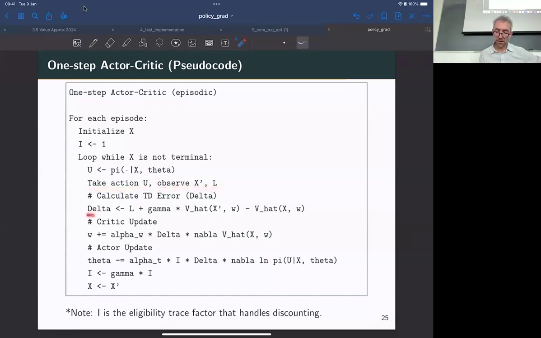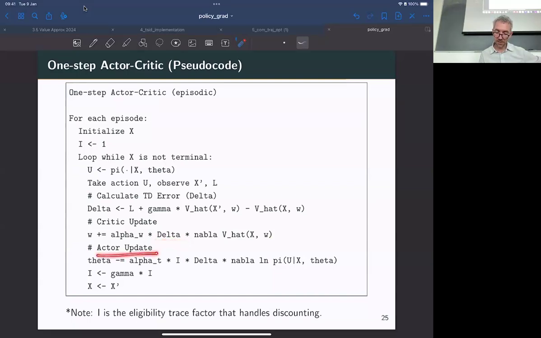You compute the TD error delta, which is simply the cost plus discount factor times your estimate of the value function at the next state minus your estimate of the value at the current state. You update the critic by following the gradient of the critic network scaled by the TD error delta.